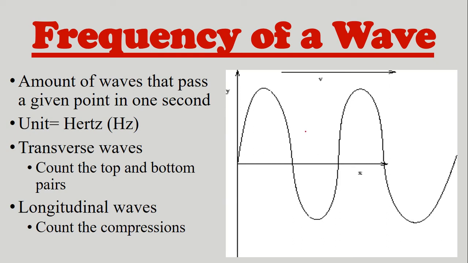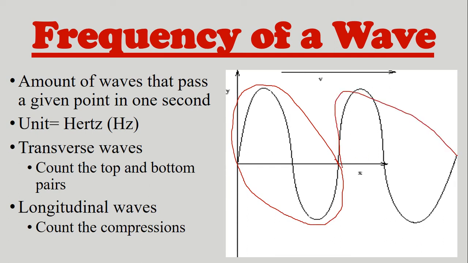This is how many waves would pass this point in 1 second. So we're going to need to see what the frequency is. We would count one top, one bottom, crest, trough. That's one pair. And here's a crest and a trough. That's a second pair. So there's two pairs here. So this wave has a frequency of 2 hertz. In longitudinal waves, we would just count how many compressions there are.